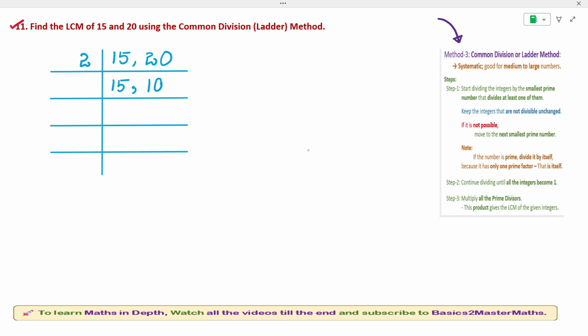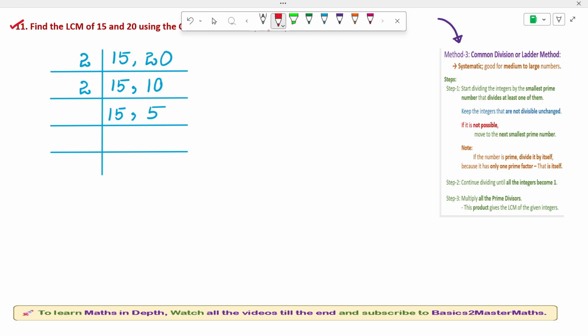Again, start dividing 15 and 10 by the smallest prime, 2. Since 2 divides only 10 exactly, we get 5, while 15 remains unchanged.